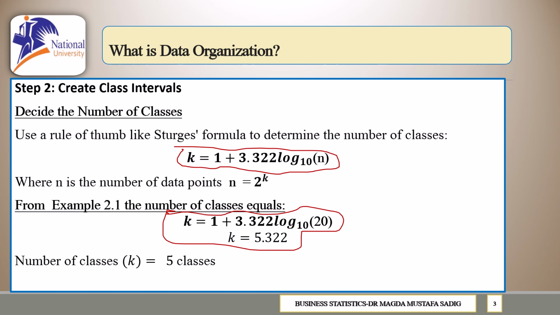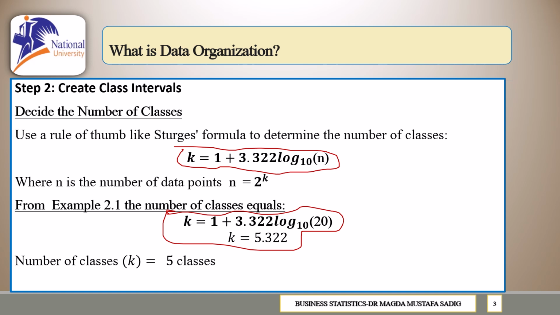So now let us apply the formula to our example. In this data set, the number of observations is 25. After substituting into Sturges' formula, we obtain approximately 5.64 classes.